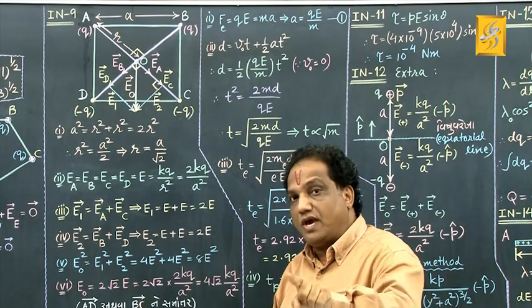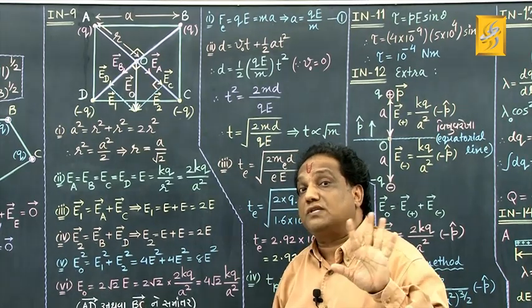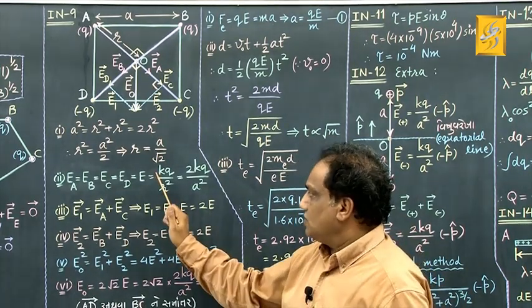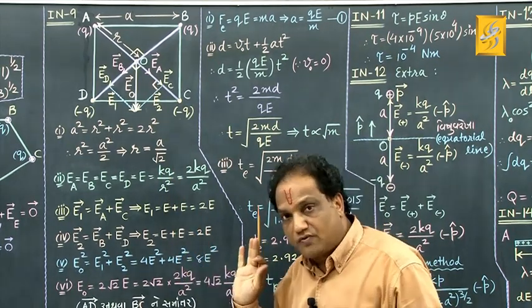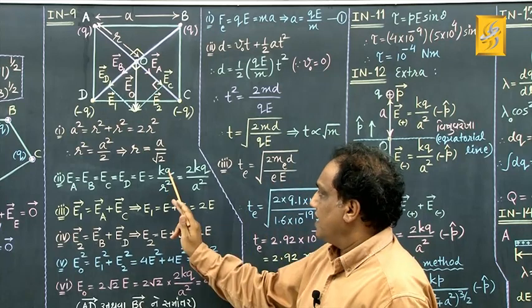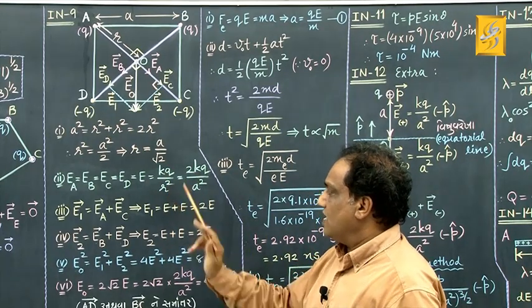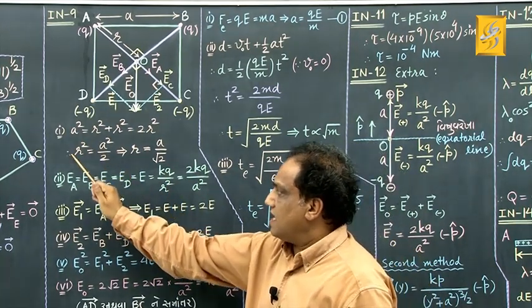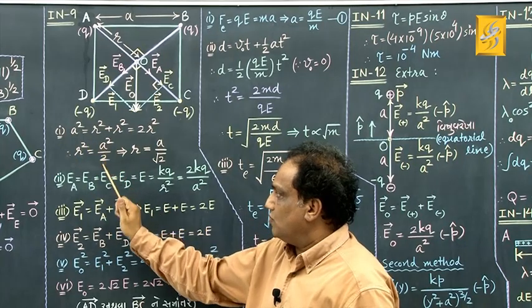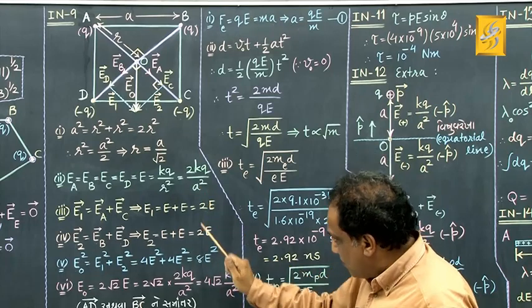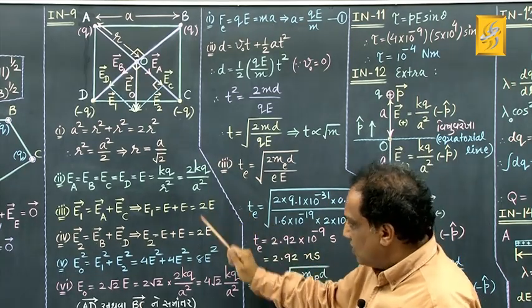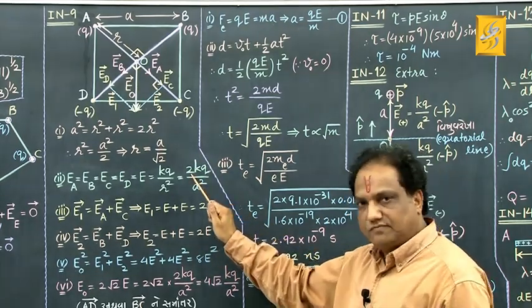K into charge upon distance square. K into charge, the magnitude of charge is Q, distance square, that is r square. KQ as it is, but what about r square? r square is a square by 2, so the denominator will become the numerator.